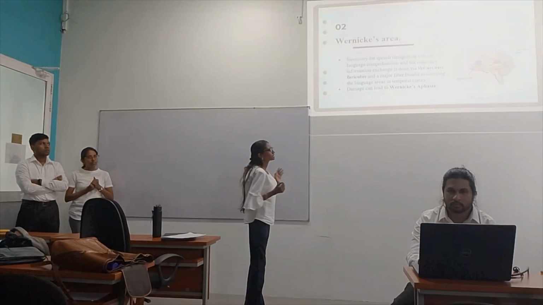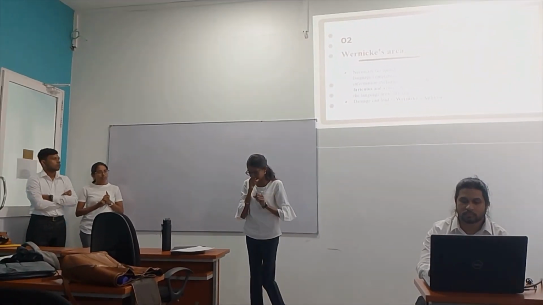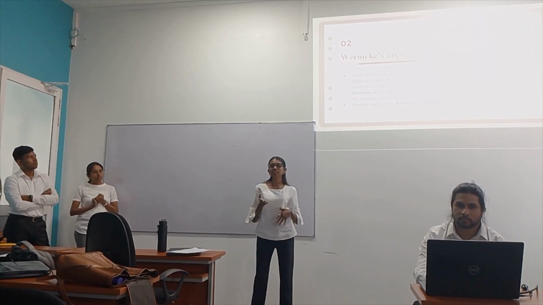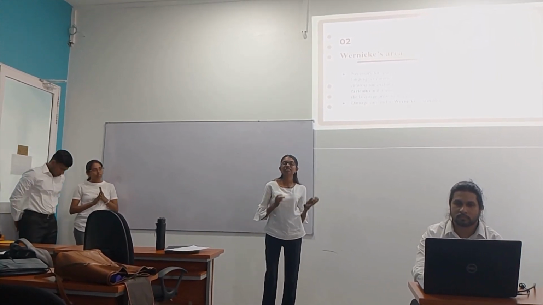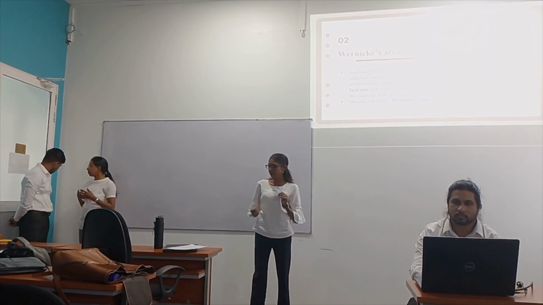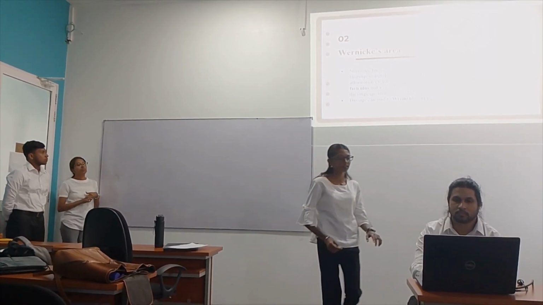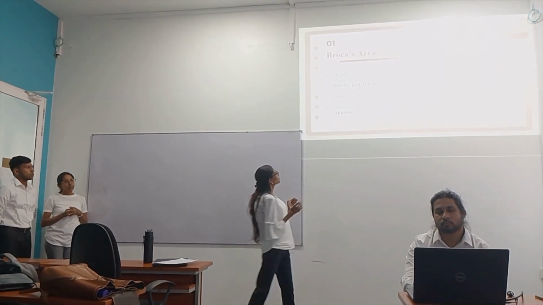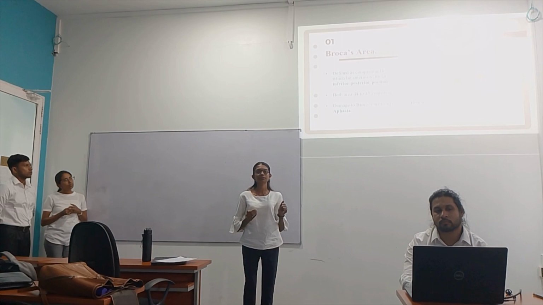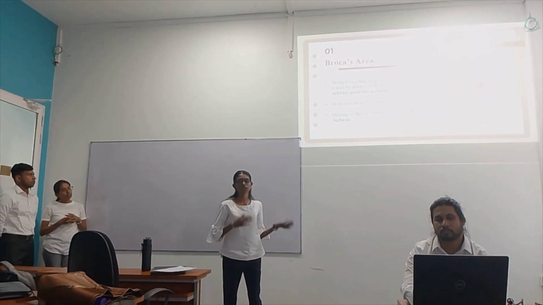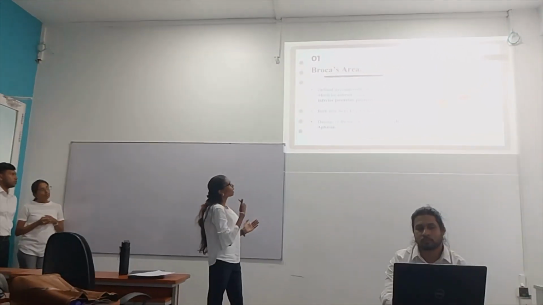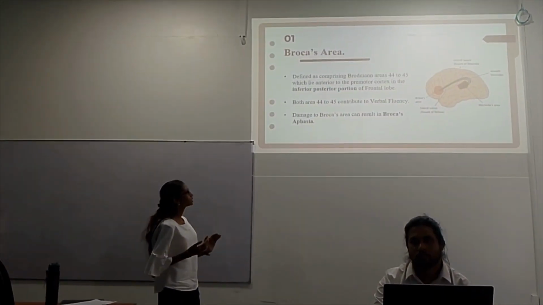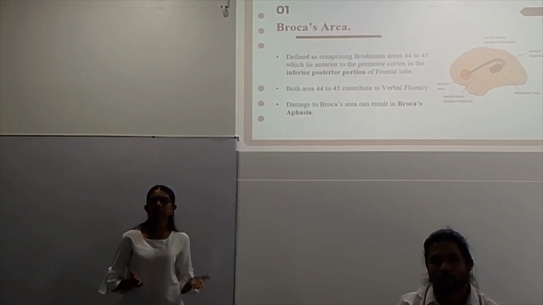Broca's area is associated with language expression and Wernicke's area is associated with language comprehension. When we go through Broca's area, it is defined as comprising areas which lie anterior to the premotor cortex in the inferior posterior portion of the frontal lobe, because it is situated in the frontal lobe.